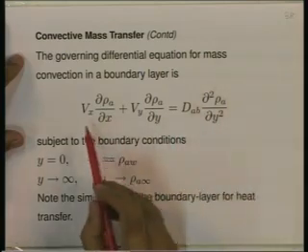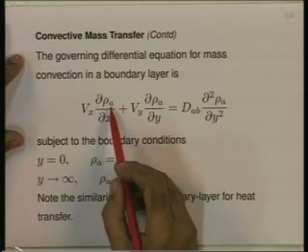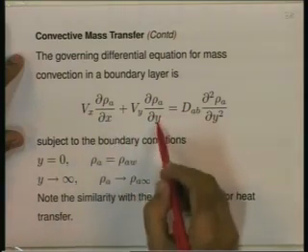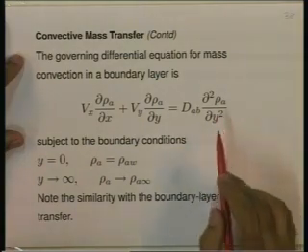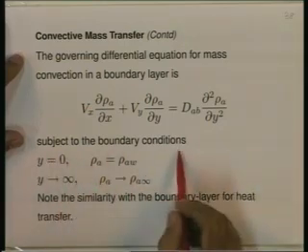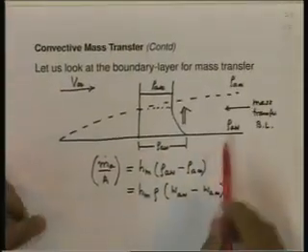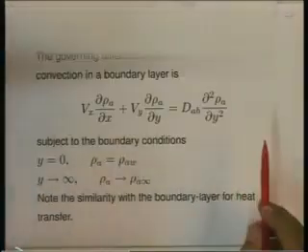Because of the boundary layer, velocity components Vx and Vy, and the variation of rho A both in the x as well as the y direction, we have a second order partial differential equation. It is subject to the boundary conditions which we saw in the previous figure: rho AW at the wall, rho A infinity in the free stream.